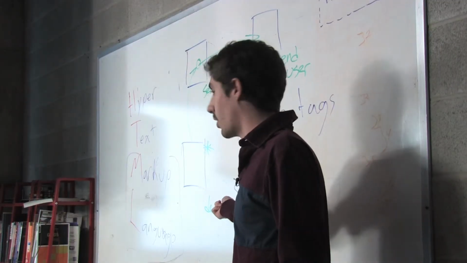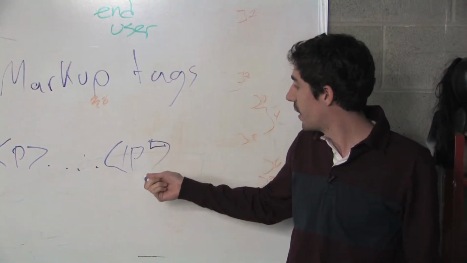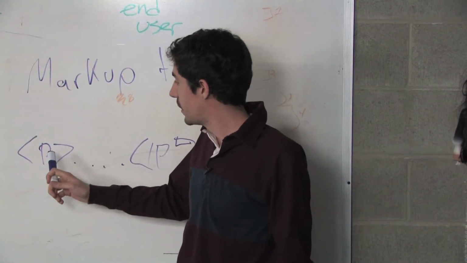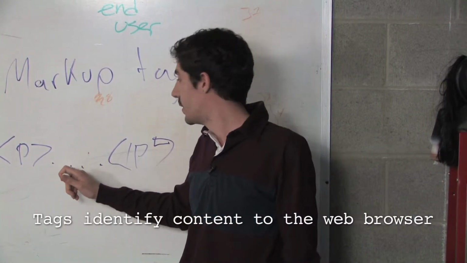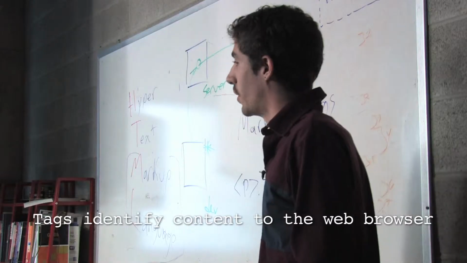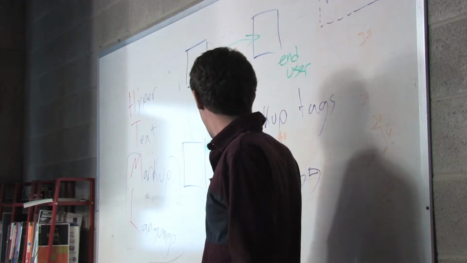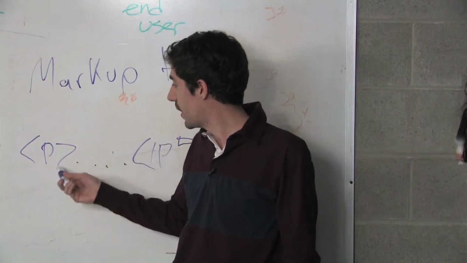There's one tag, the opening tag, and then we put the content in, and then there's a closing tag. What the browser reads is these two and displays whatever's in between, which is the content. So basically, the tag is made up of an opening bracket, an identifier, and a closing bracket.